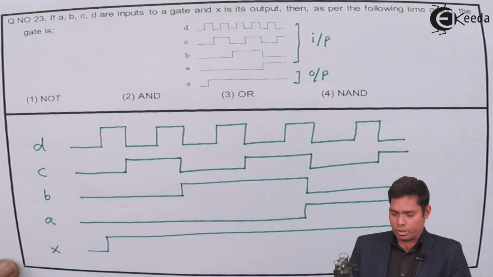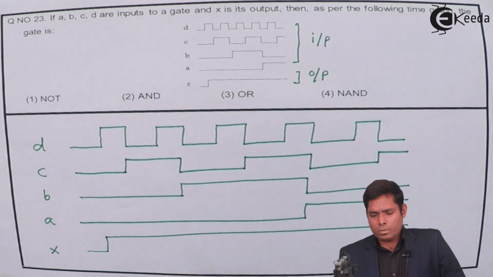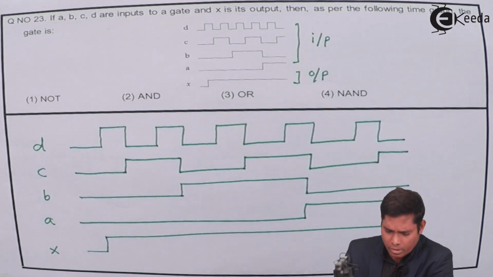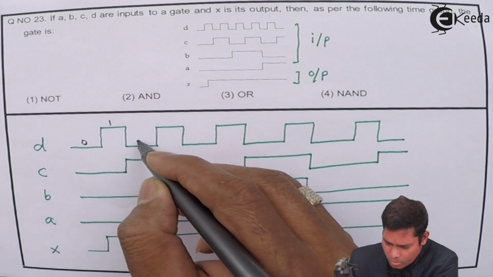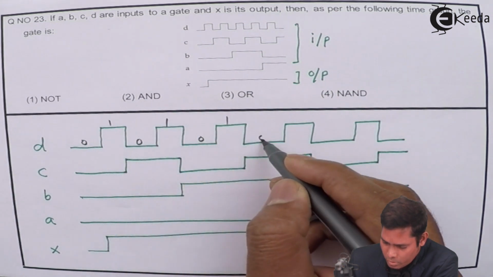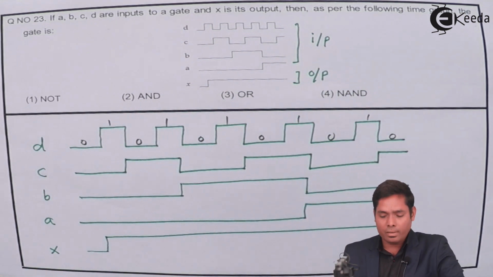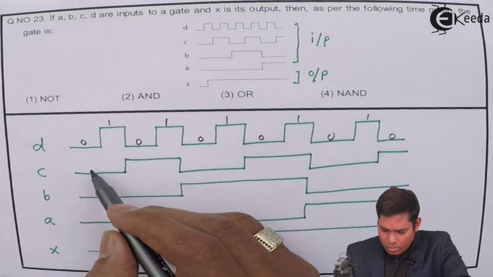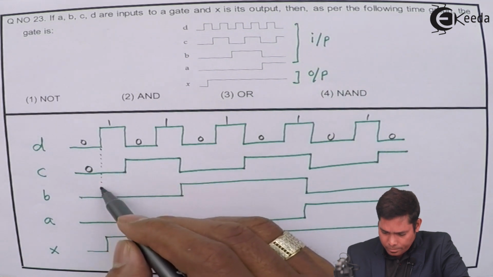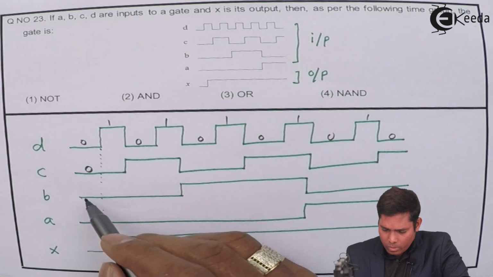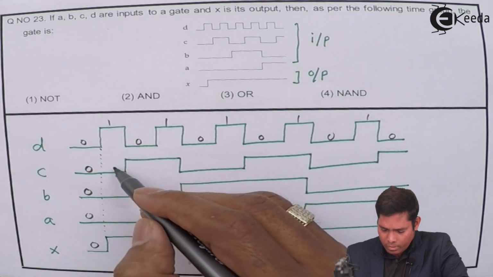So now we have to see what the gate is. Suppose the lower value is 0 and the higher value is 1. Now this is 0, this is 0, this is 0, and this is 0, so the output is 0.